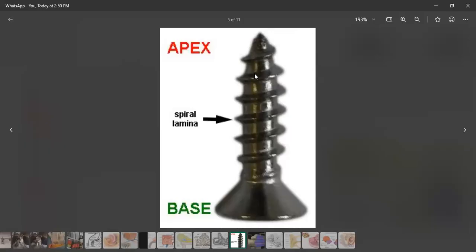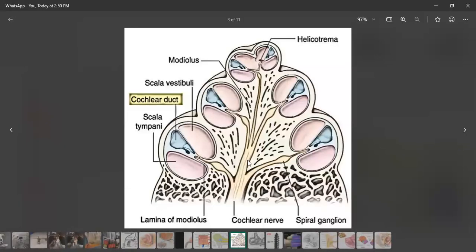That is the membranous part. So if this is the inner ear, you have these spiral lamina which project like this, and the cochlear duct, the membranous part of the cochlea, is located on this spiral lamina.